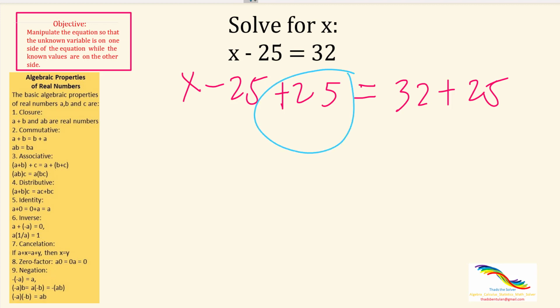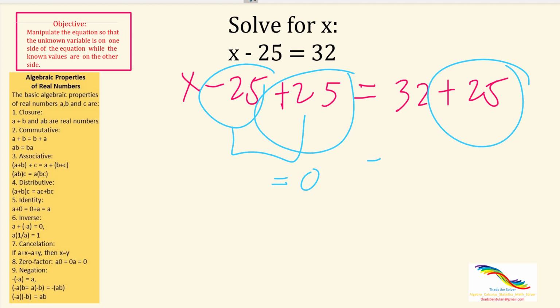We added 25 on the left-hand side of the equation, then you also add 25 to the right-hand side of the equation. And since this is minus 25 plus 25, this will result in a 0, and then this will result in 32 plus 25, so that's 57. That's what will happen. So let's simplify it now.